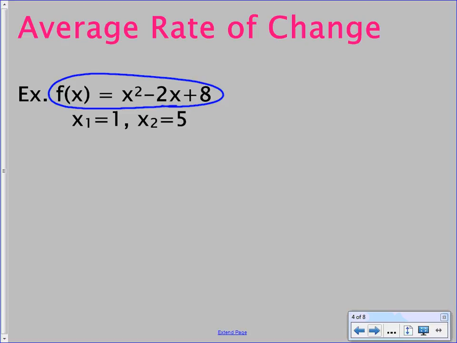Okay, so average rate of change means we need to find slope. What must I know before we can go ahead and find the slope of that secant line? We have x is 1 and x is 5. What else do we need, though? We need the function values. So, help me out. What is f of 1?